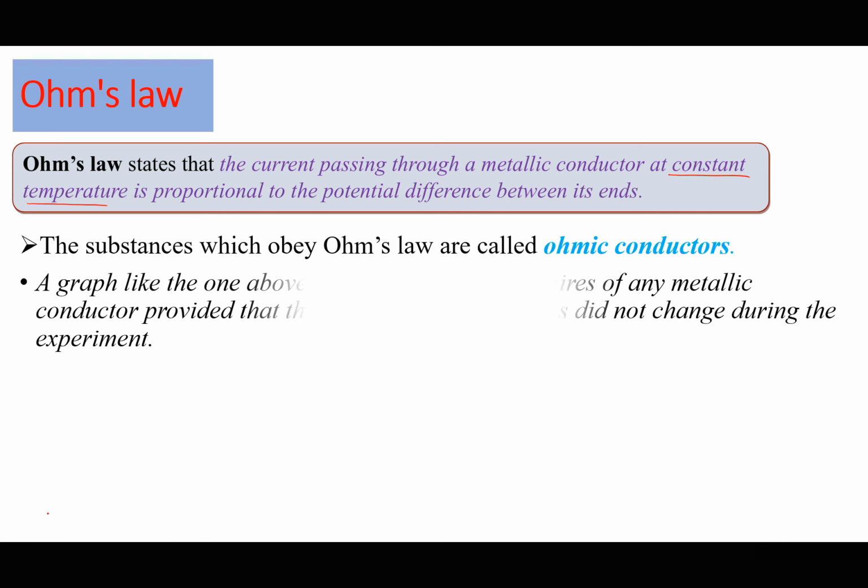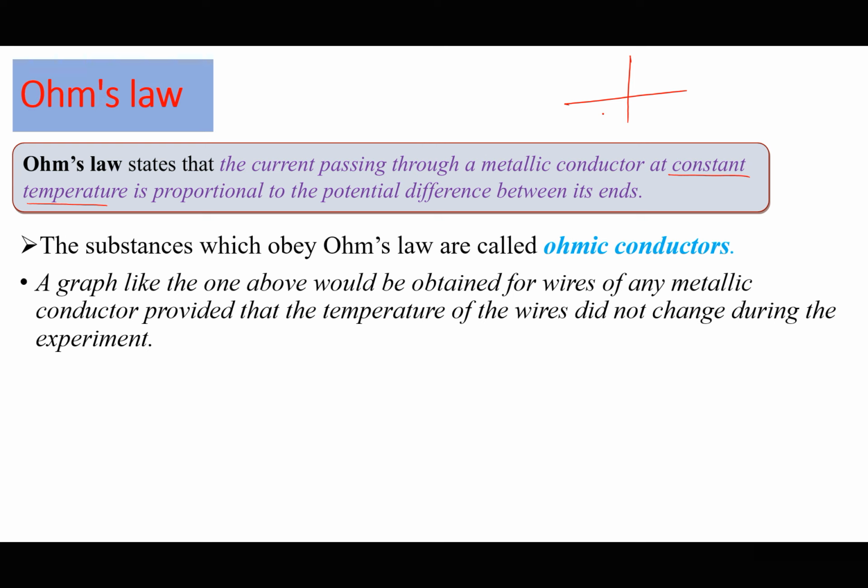And a graph like this one that we have seen in the previous case, where we got a straight line through the origin, for I against V, would be obtained for wires of any metallic conductor, provided that the temperature did not change. So the temperature should remain constant throughout the experiment.